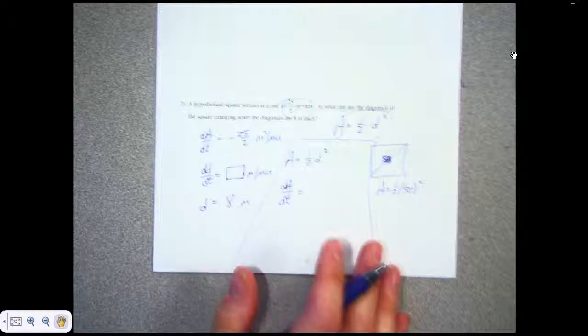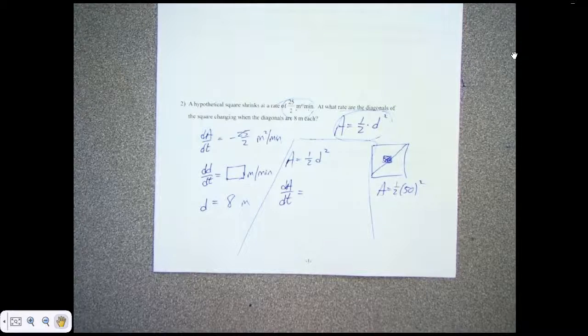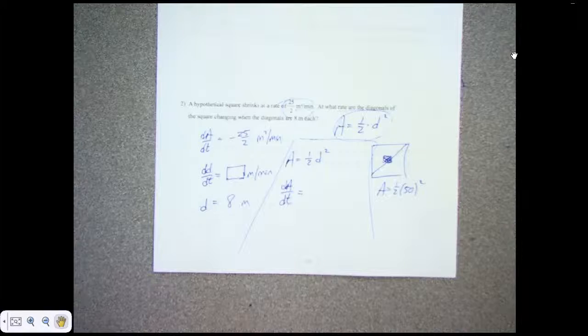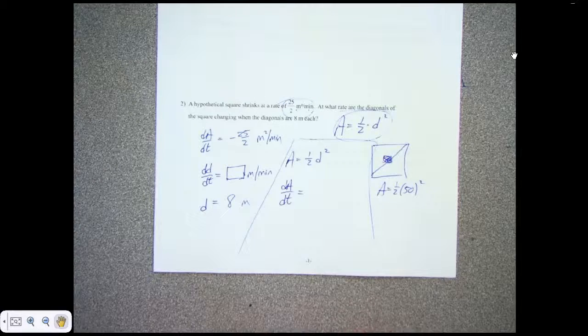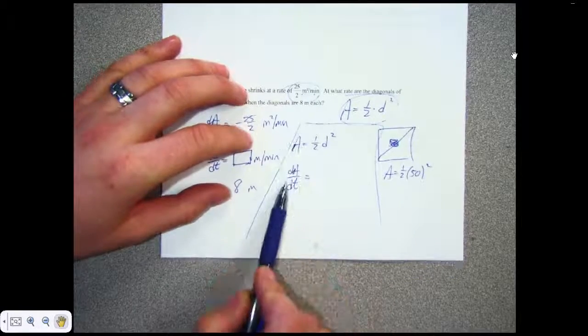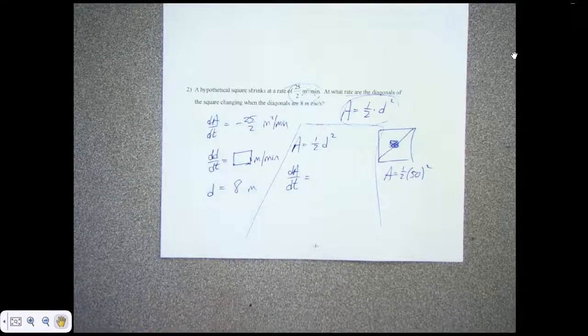So the rule becomes whenever you take the derivative of any variable, you multiply it by d whatever over dt. So if you take the derivative of an r, you multiply by dr over dt. If you take the derivative of a v, you multiply by dv over dt. Whatever variable you're doing, we want to know how it's changing when we go to the derivative level.